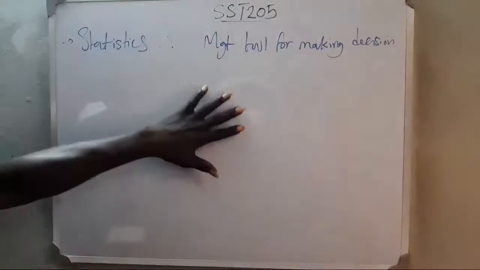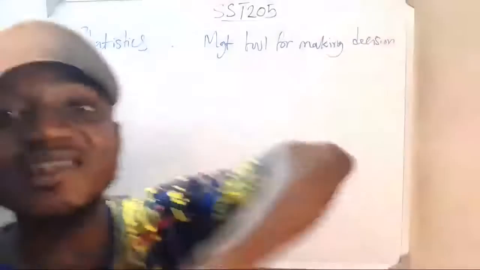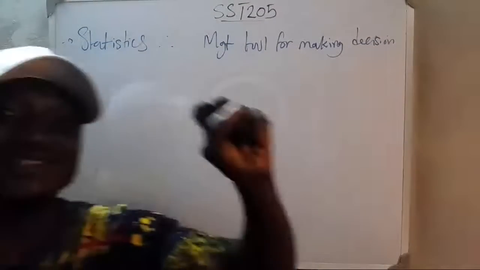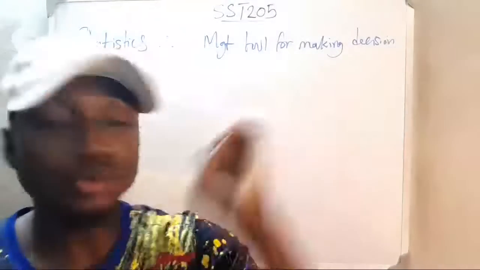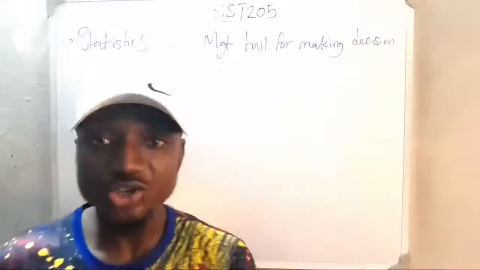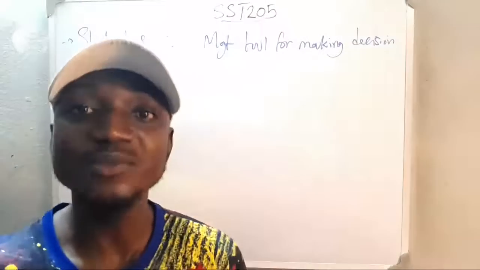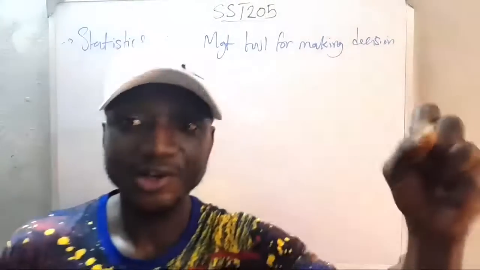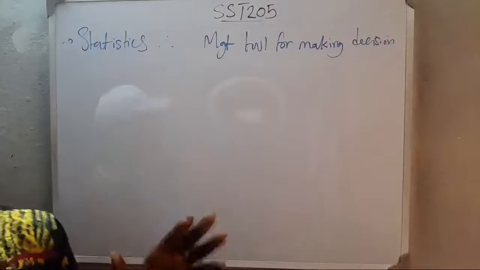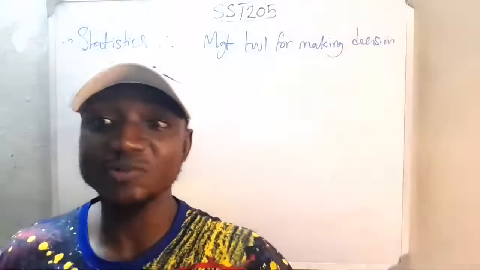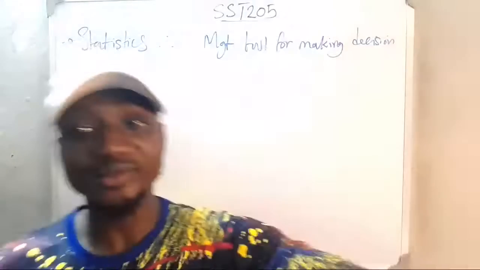So as I was saying, we can make inference that financial accounting is also part of statistics. Anything that has to do with acquiring information, collating this information, and helping to make informed decision, then we're talking about statistics. I think in 200 level second semester, we do the major thing on statistics.